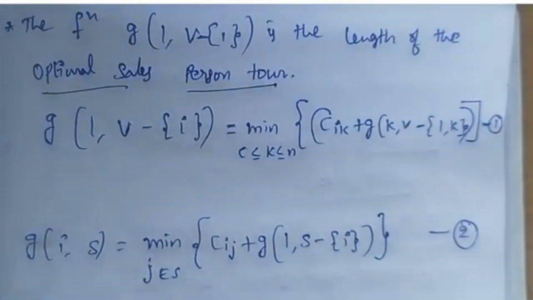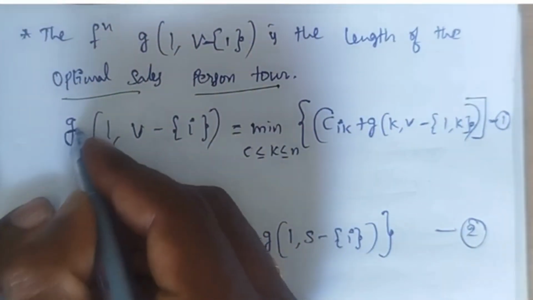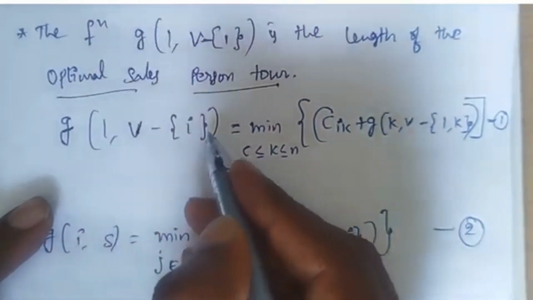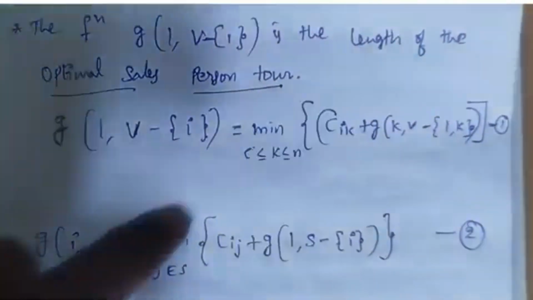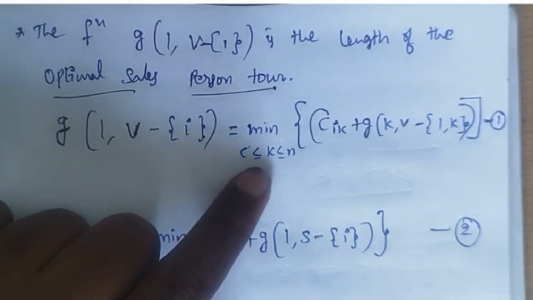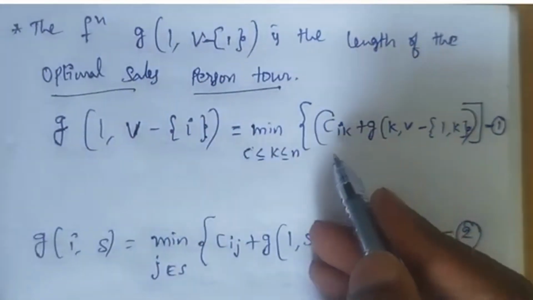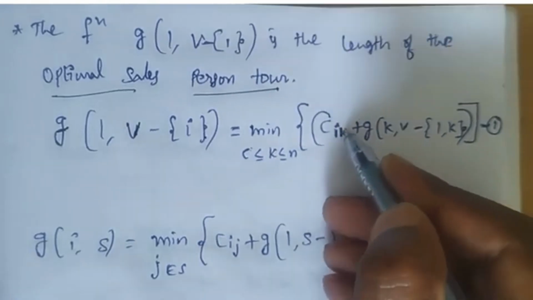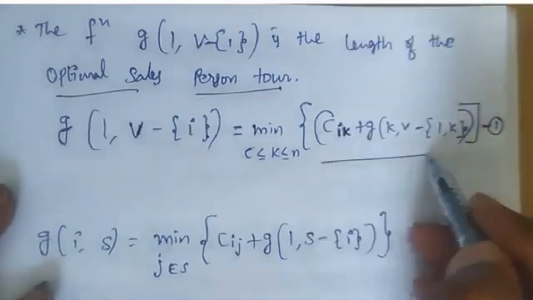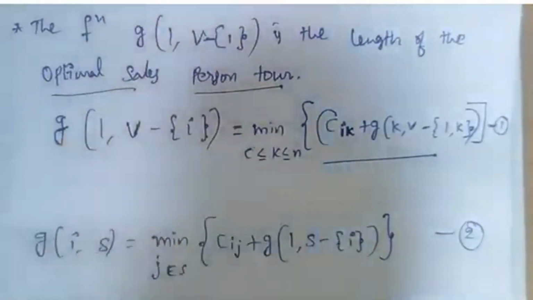What is the formula here? g(1, V - {1}) equals the minimum over 2 ≤ k ≤ n of c(1,k) + g(k, V - {1,k}). This is the standard formula for the traveling salesperson problem.